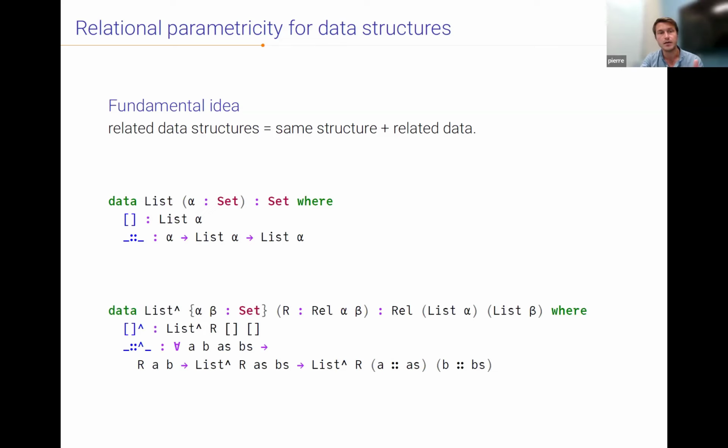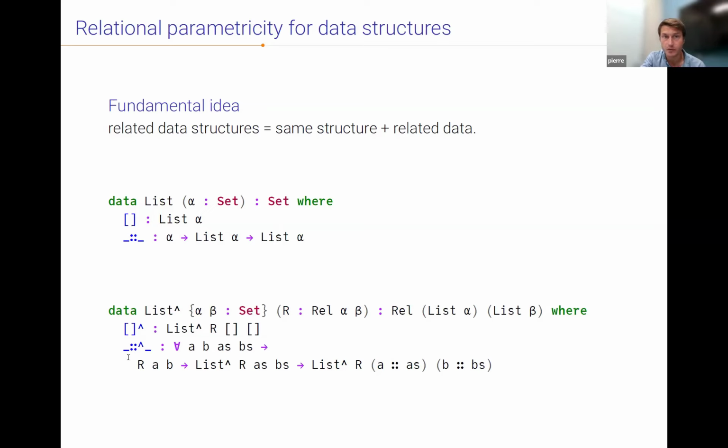And the first constructor, empty hat, will just tell us that empty is always related to empty by any lifting of any relation. Sometimes I will call list hat of R the lifting of R by list. So this constructor empty hat is just a witness that this constructor empty is parametric.